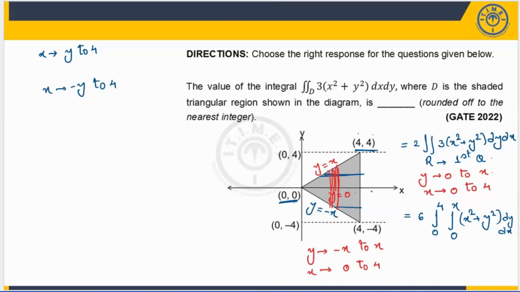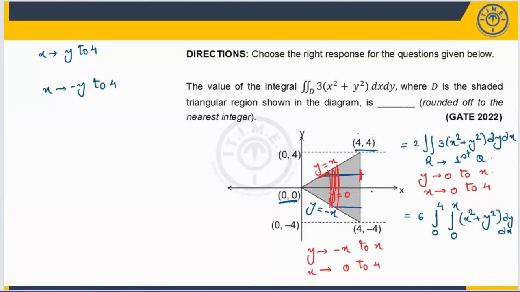Like in this example, if I'm taking the horizontal strip on the top area, I have to consider the values of x. So x is varying from y to 4, that means the horizontal strip is starting on x equals y and ending on x equals 4.